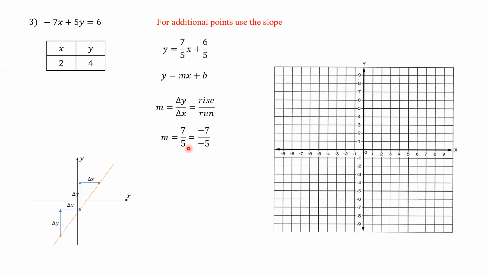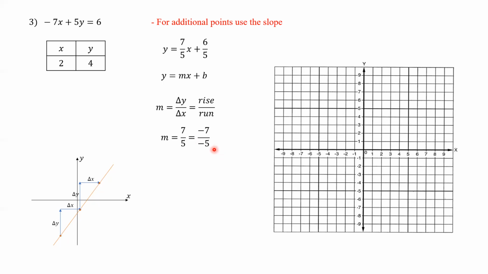Now 7/5 is a positive number presented as a ratio of two positive numbers. And I hope you remember that a positive number could also be presented as a ratio of two negative numbers. So I can write it as -7 over -5. So I believe I have everything in place for me to find additional points.